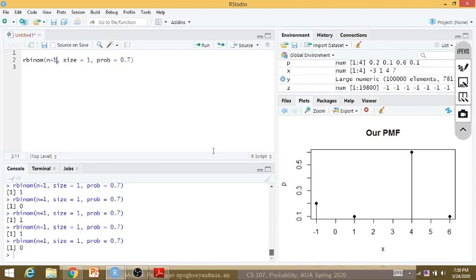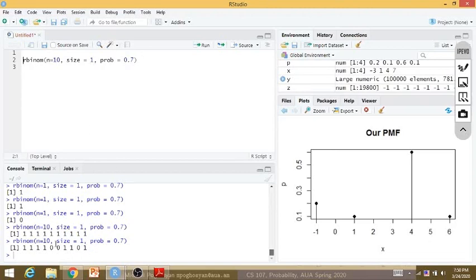So if I ask to do that experiment 10 times, this is how many times you want to do that experiment. So this will give 10 elements. So it is repeating that experiment, and each time we have size one. I'm doing that again. Sometimes we have ones, sometimes zeros.